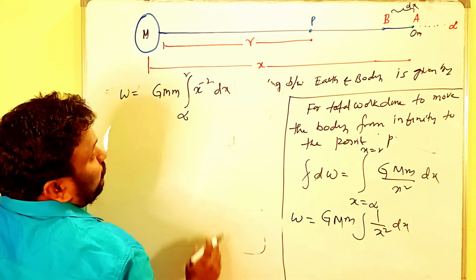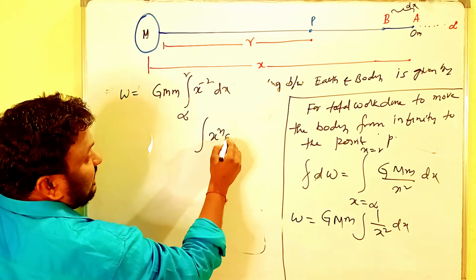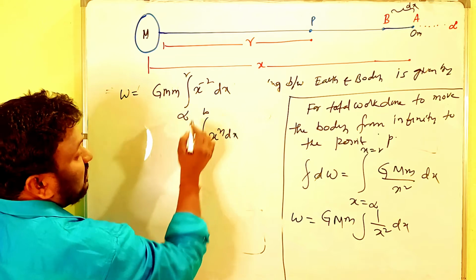Clear? So now we have one formula, that is the integral of x to the power of n dx, with limits a to b.